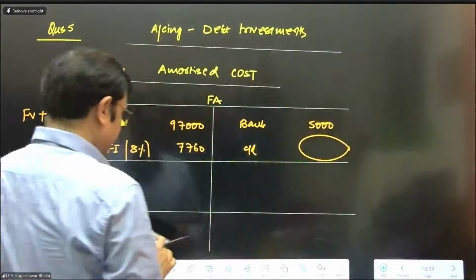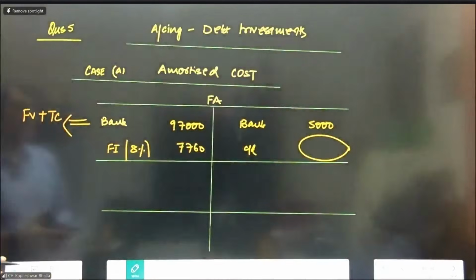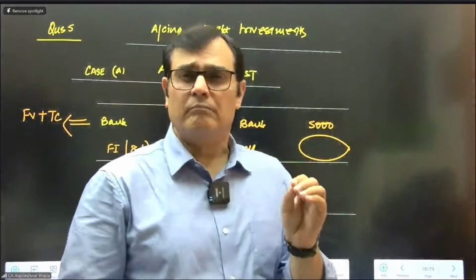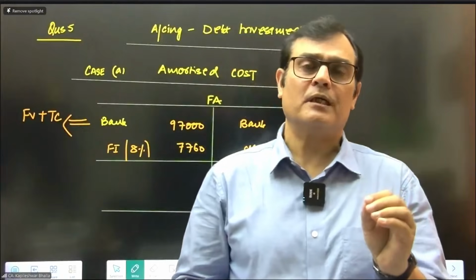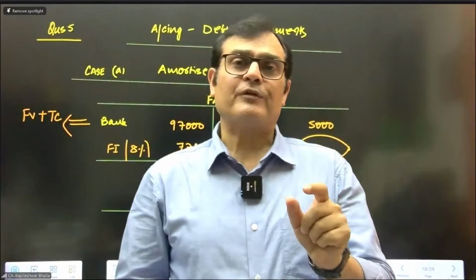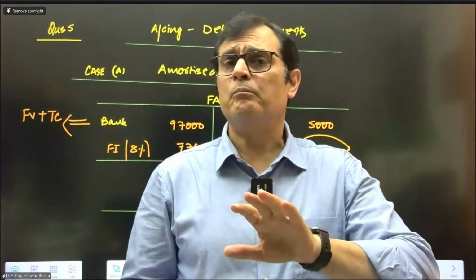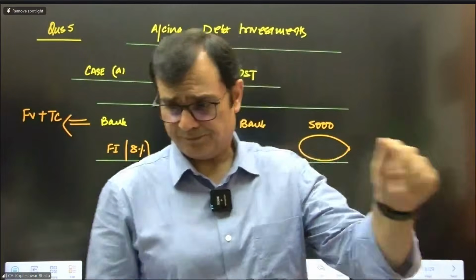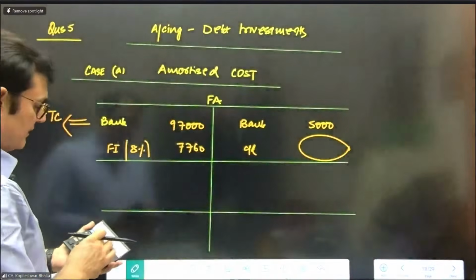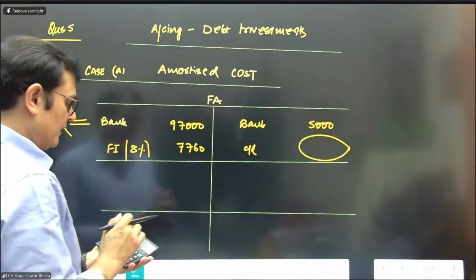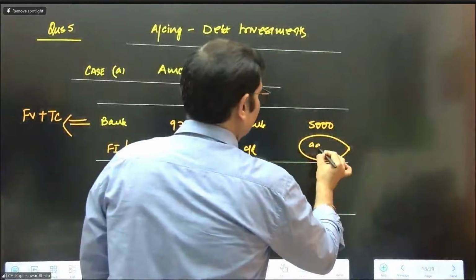And this is exactly, you would agree as well, that financial asset accounting is a mirror image of financial liability accounting. The way you created a financial liability, trust me, it is a complete mirror image accounting. So this is 97. 7,760 minus 5, that's 99,760.